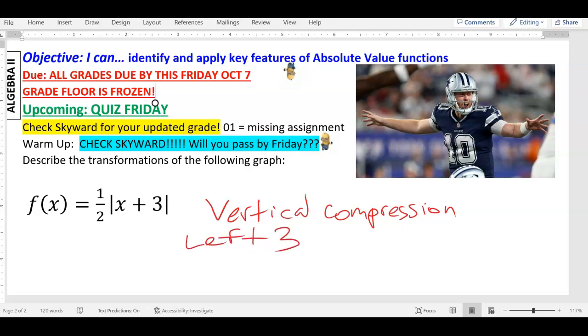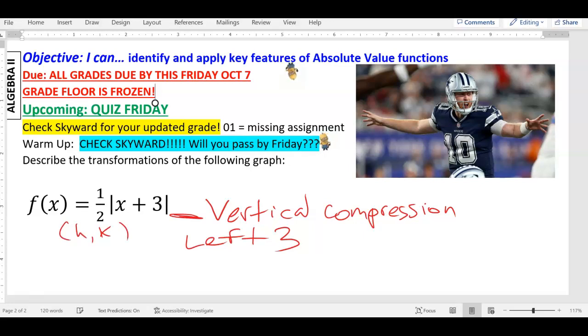And then what about vertically? What do you notice out here? There's no number there, right? So if it doesn't add or subtract anything, it's still at 0, okay? So here's the deal. If I asked you, what is the vertex? Okay, what's the h comma k, like we talked about the other day?